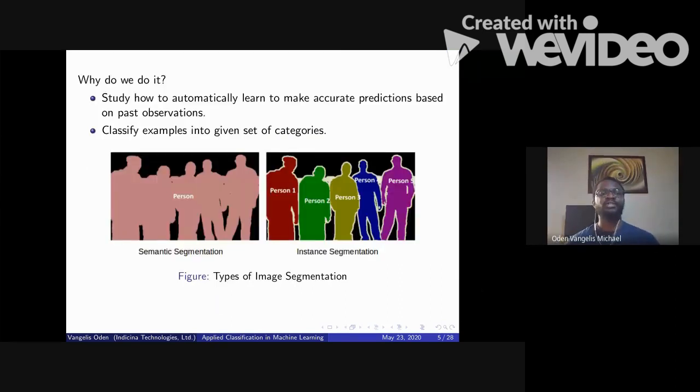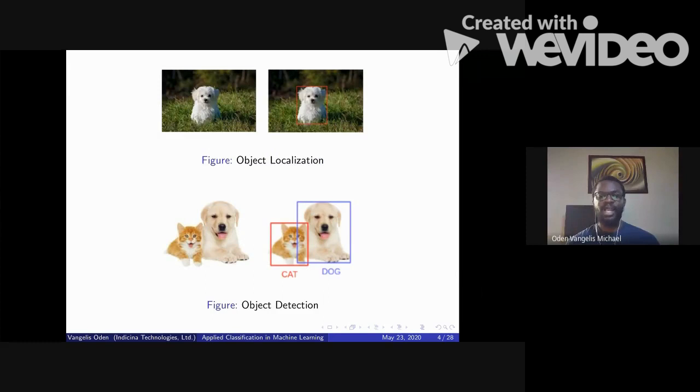So we try to learn using historical data, or data about any particular subject, and then we can say, if this data has this property, then it belongs to this class. So for instance, for the cat and the dog, how would we know a cat? How would we know a dog in an image? We would look at the properties that make it a cat: the eyes, the nose, and the mouth.